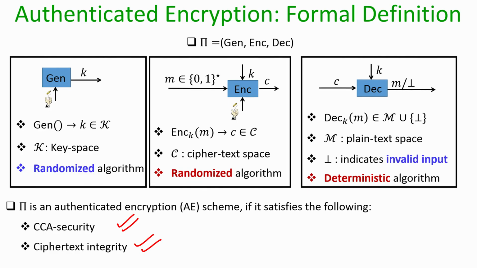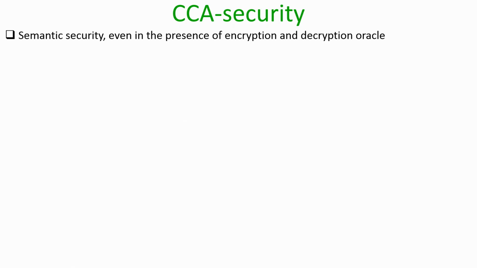We had already discussed what CCA-Security means, but let us again recall the definition. Basically the goal of CCA-Security is that we want to achieve semantic security, namely indistinguishable encryptions, even in the presence of an adversary who has access to both the encryption oracle as well as the decryption oracle.